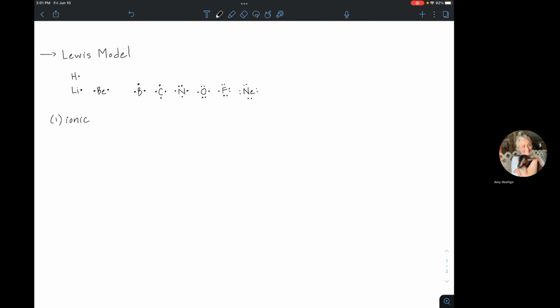So you get an ionic species here, and say we want to take lithium with its single valence electron. We're going to add this to fluorine. So in Gen Chem, you probably learned, okay, we're going to have to ionize these. We're going to have to put them in the gas phase, right?